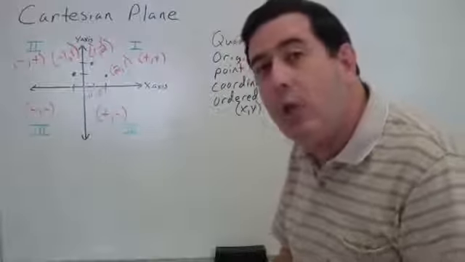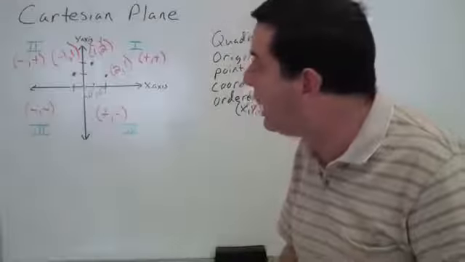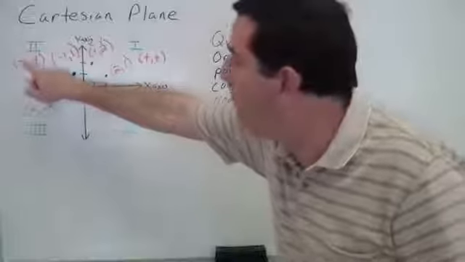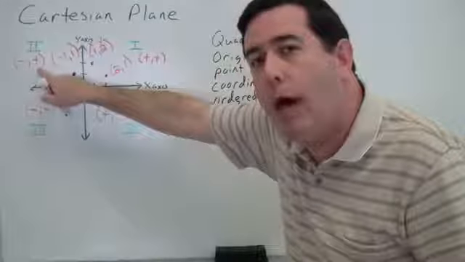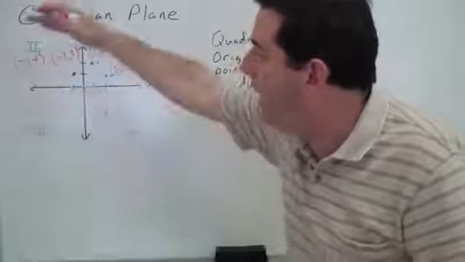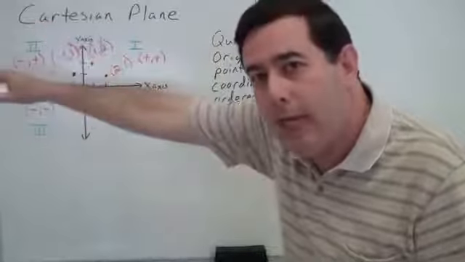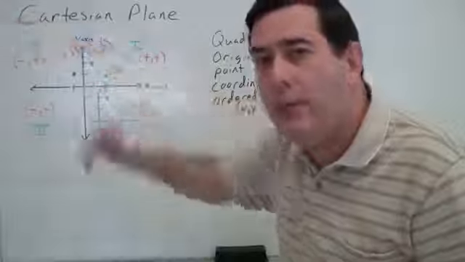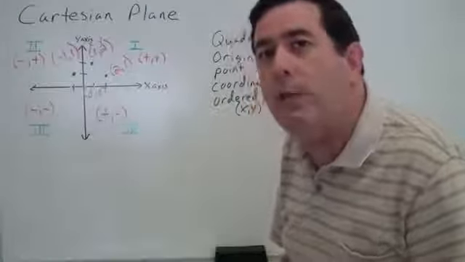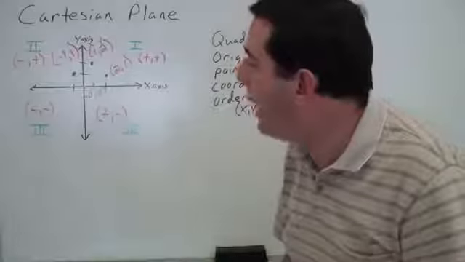Again, x is first and y is second. Anybody in the second quadrant would have to have a negative x and a positive y, because to get in that second quadrant, we had to move left and up. Left is a negative move for x, up is a positive move for y, so anybody in the second quadrant would be a negative x but a positive y.